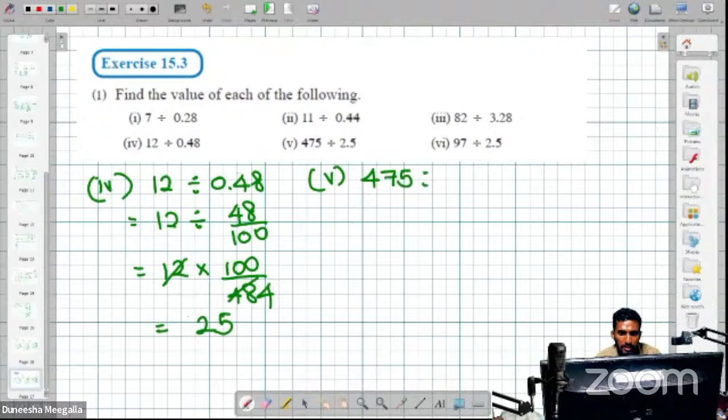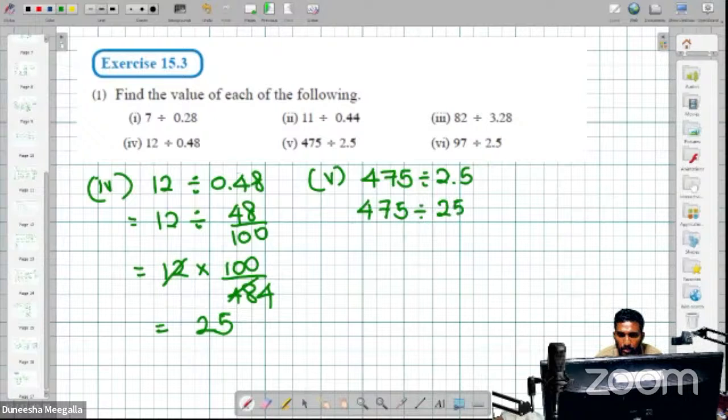The fifth one, 475 divided by 2.5. What is the fraction of 2.5? 25 over 10.